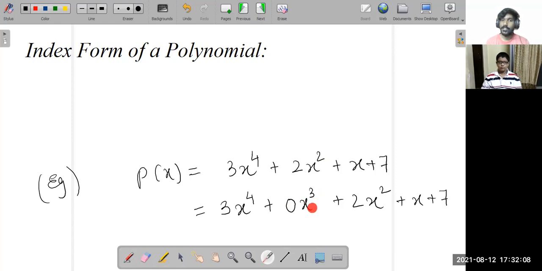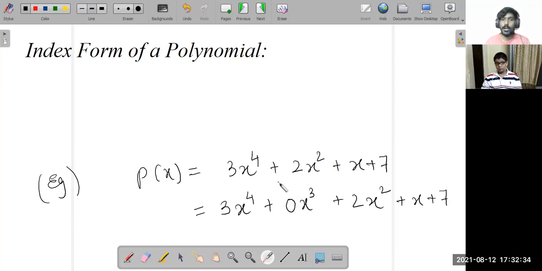Now the x cube term was missing. Missing means it is not present only. The x cube term is not present. So you can just give coefficient 0 for it and write it. This is just a method of writing it. Although it is not present, we have to show it is there, and that can be done by giving the coefficient 0.